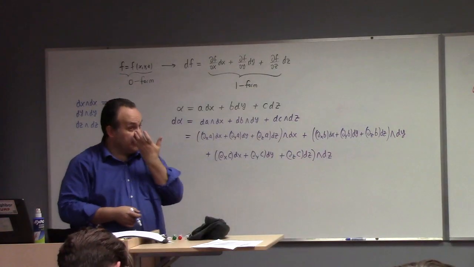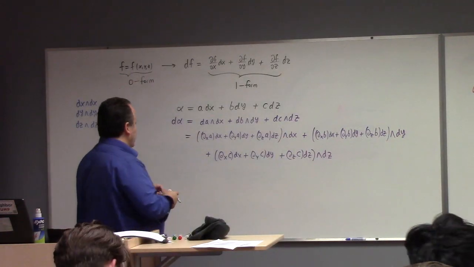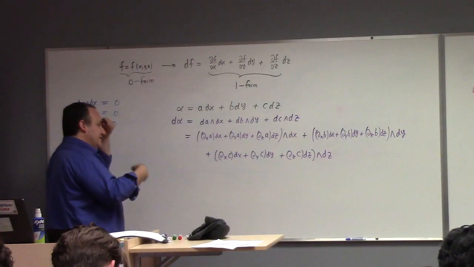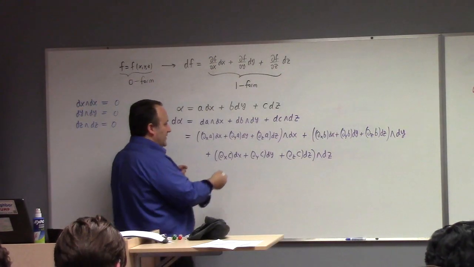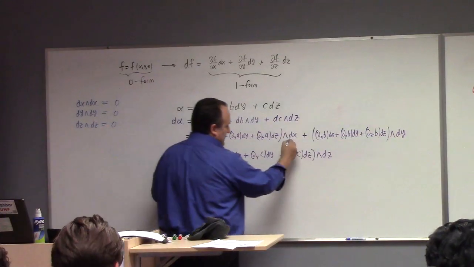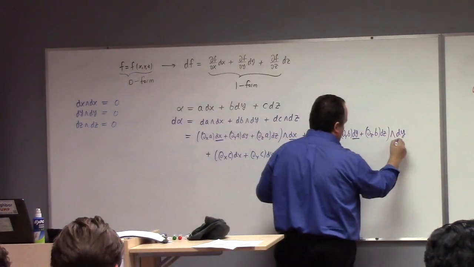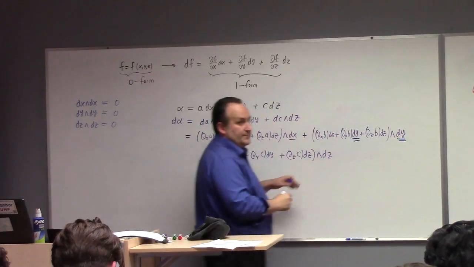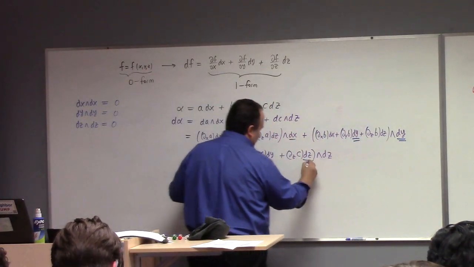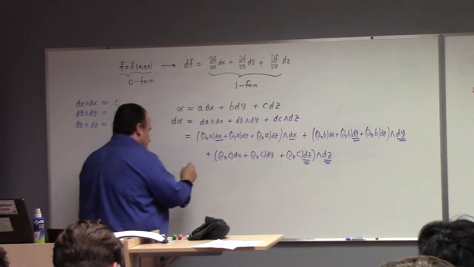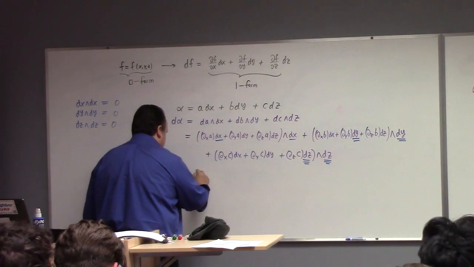So subject to those rules, you see, there's three terms here that are vanishing. Because the way the wedge product works is it also obeys the usual laws of algebra. So as I take this x and I wedge with that x, this piece is gone. I take this y, I wedge with that y, that piece is gone. I take this z, I wedge with that z, that piece is gone. What remains, you see, is this.